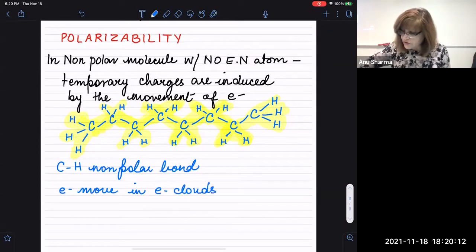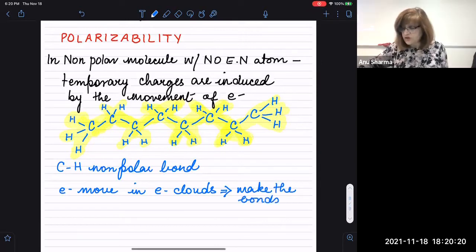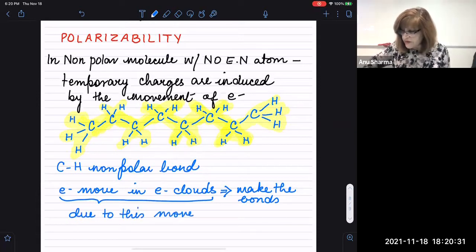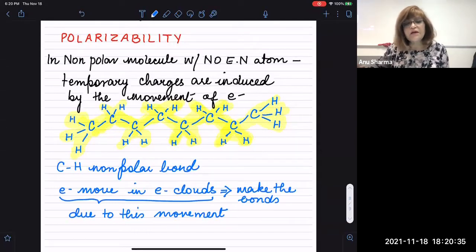And what are these electron clouds? These electron clouds are the ones that make the bonds. Okay, so when these electrons are moving, what happens? Due to this movement, wherever the electrons spend more time, that site is going to be the negative site.